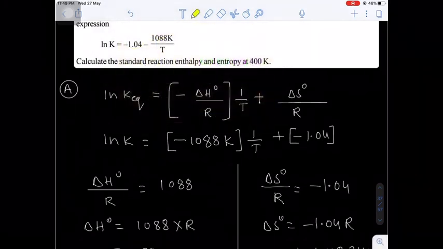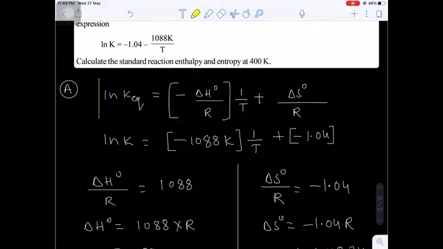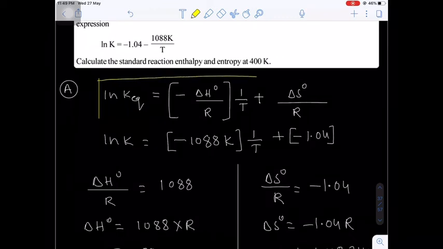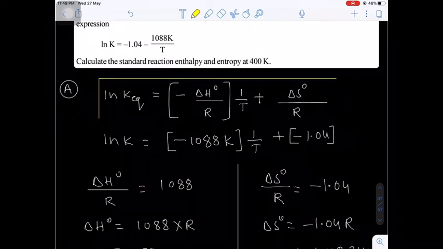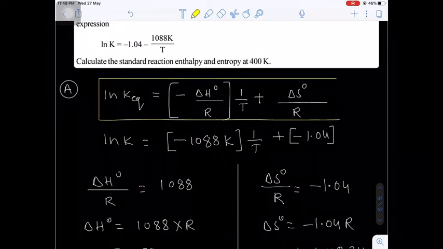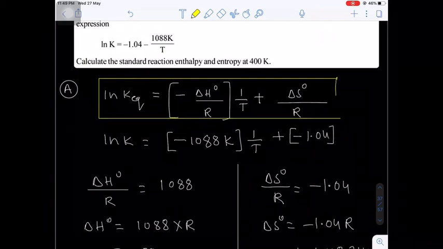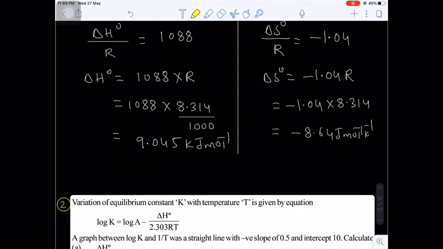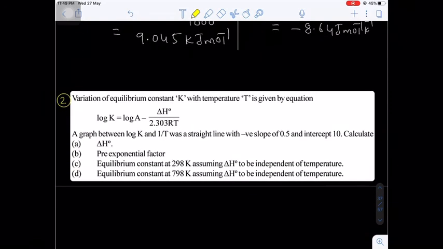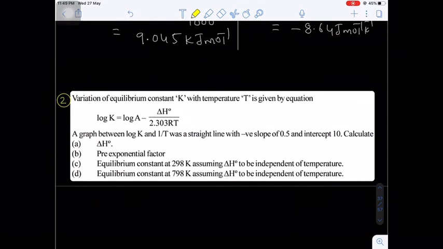This is very important. So we have to know the relation between ln K or log K versus delta H and delta S. Are you getting my point? This is very important. Now come to the second problem.